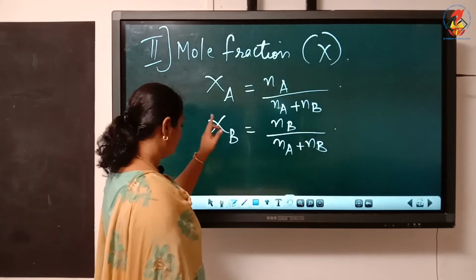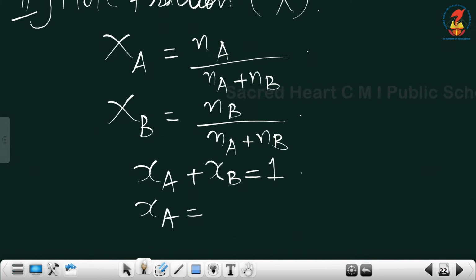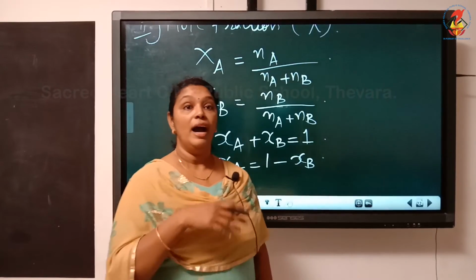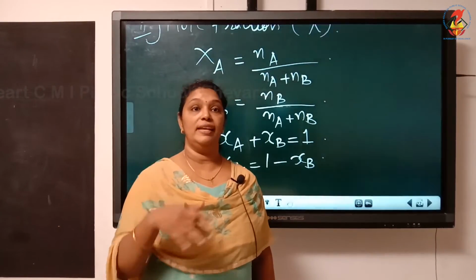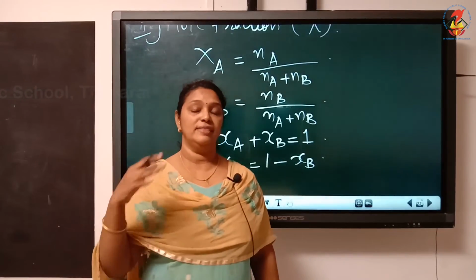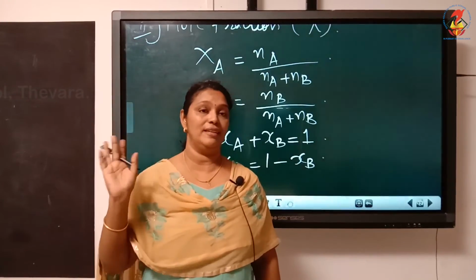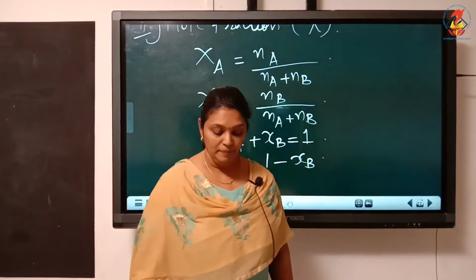That is XA plus XB is equal to 1, or XA, if you want to find XA, if you know XB, it is 1 minus XB. Which means if there are I components in a solution, we can say the sum of mole fraction of all the components, that is XA plus XB plus XC plus XD plus etc. to XI, will be equal to 1. It is equal to unity.